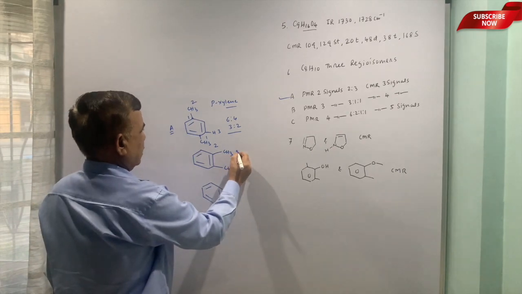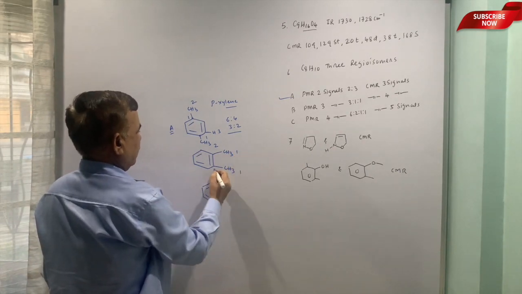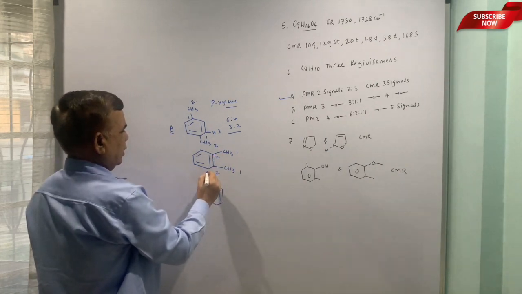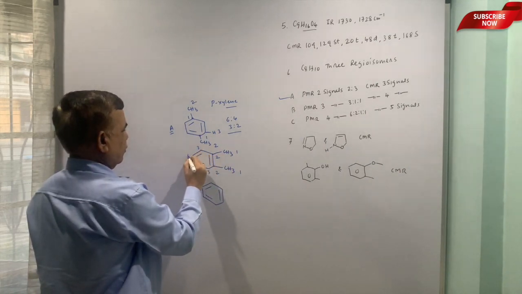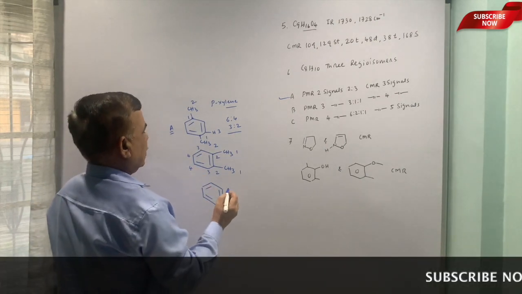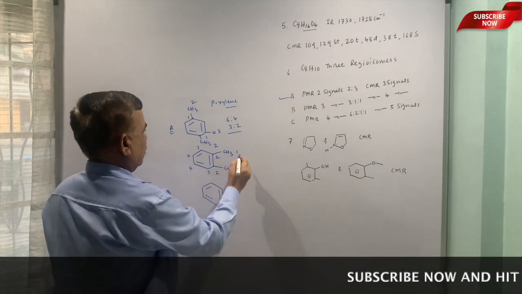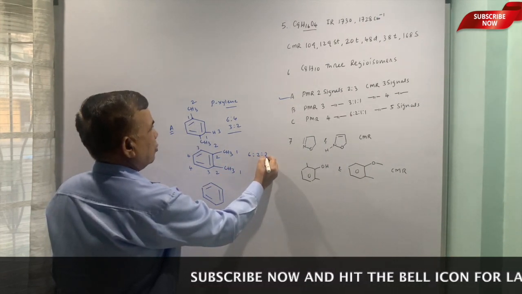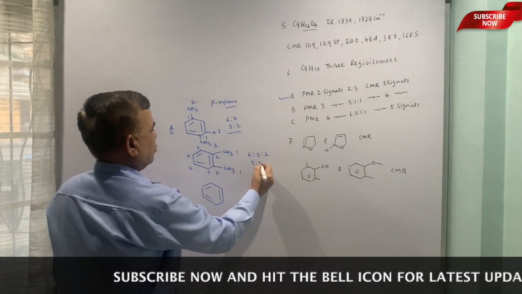This is one set, this is second set because they are identical, third set and fourth set. So, 4 CMR signals and proton ratio 6:2:2 or 3:1:1.